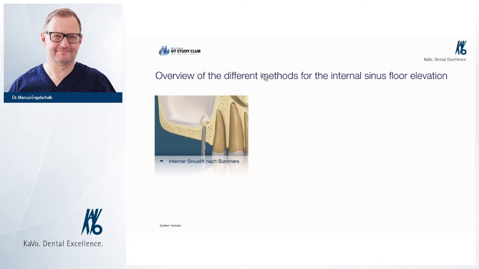So we want to avoid invasiveness, which is often combined with big swelling for the patient and shrinkage of the gingiva. You have to create bigger flaps. You have to use artificial membranes to cover the window, and it's not so easy.